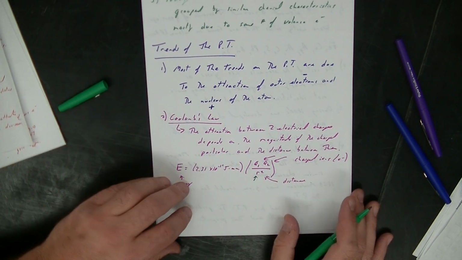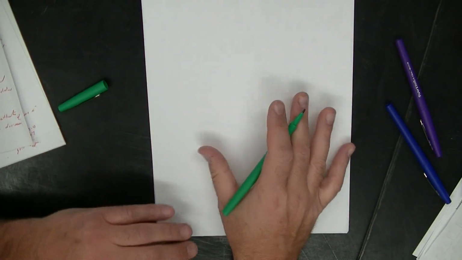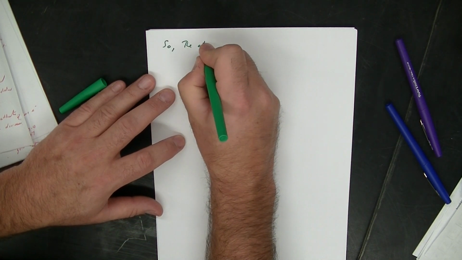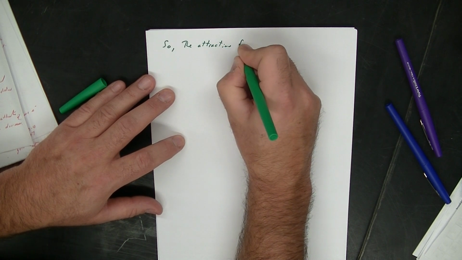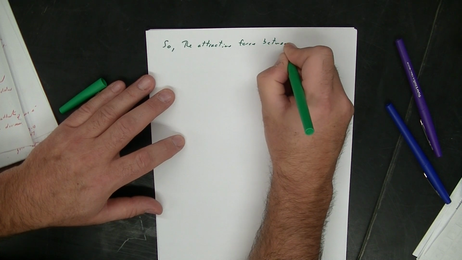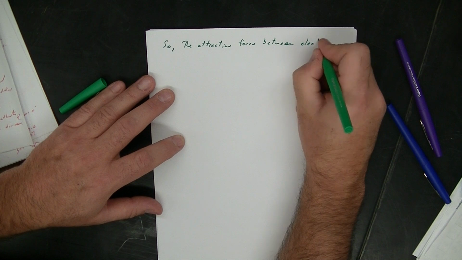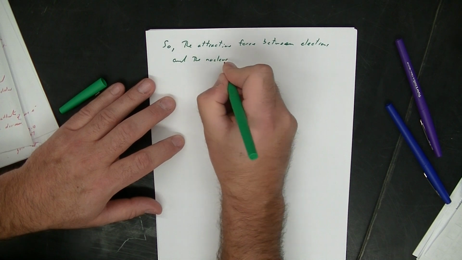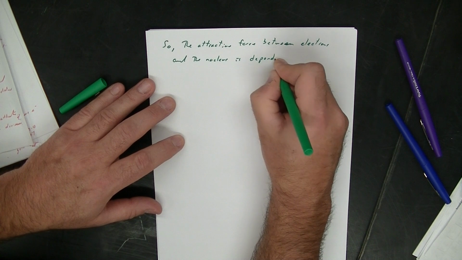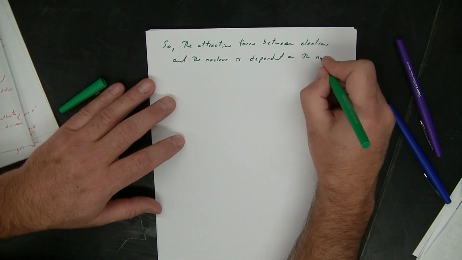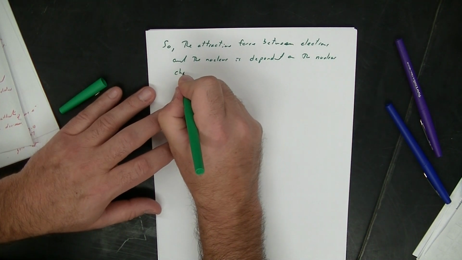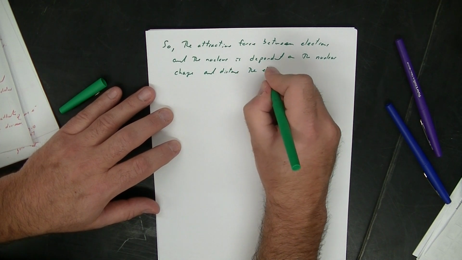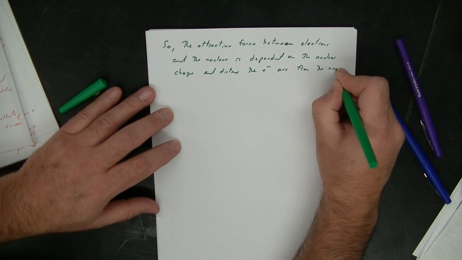Let's write a couple things. So the attractive force between electrons and the nucleus is dependent on the nuclear charge and the distance the electrons are from the nucleus.